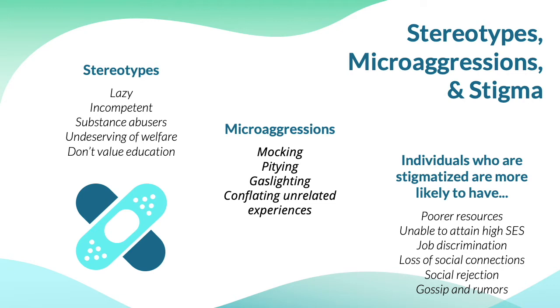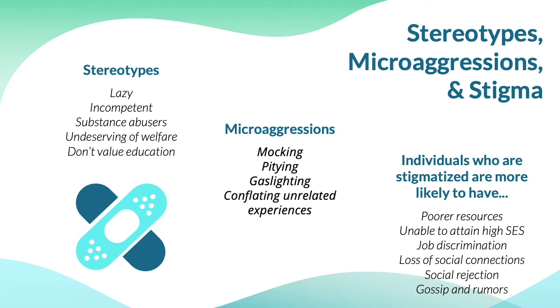A stigmatized person is more likely to have reduced resources, including money, power, prestige, and social connections. Lower resources can lead to individuals losing SES or being unable to attain higher SES. This can also include job discrimination, loss of social connections, and social rejection.